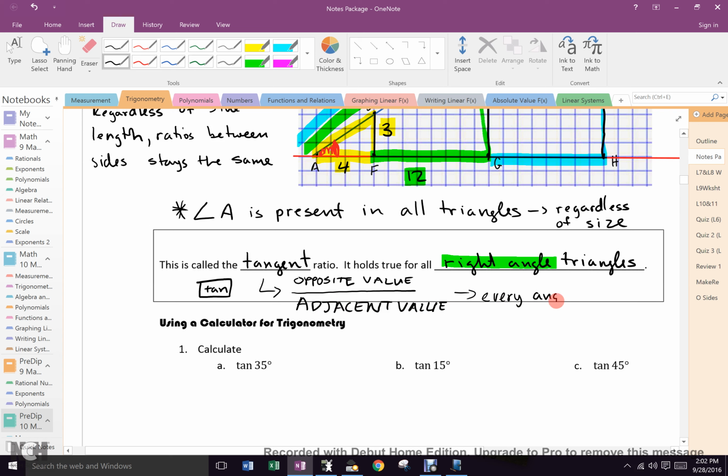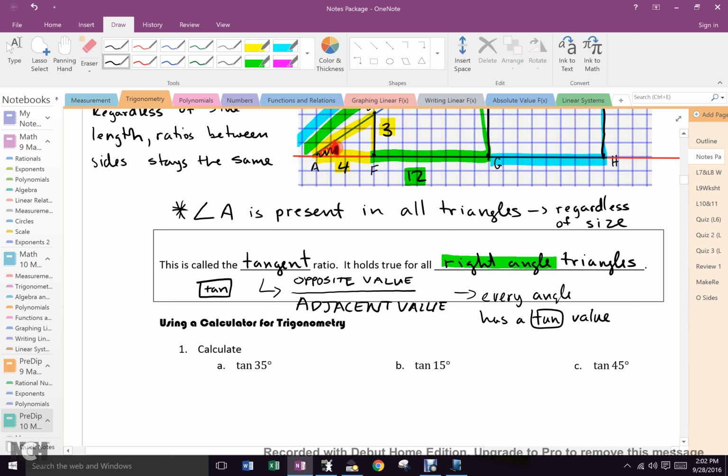Now, here's the thing. Every angle has a tangent value. And they're different. 3/4, 0.75, is the tangent value of this specific angle.